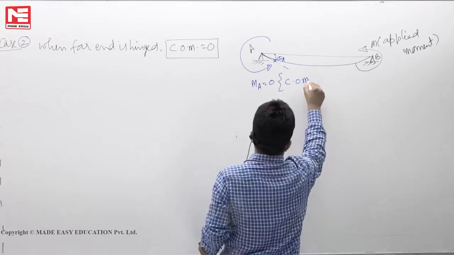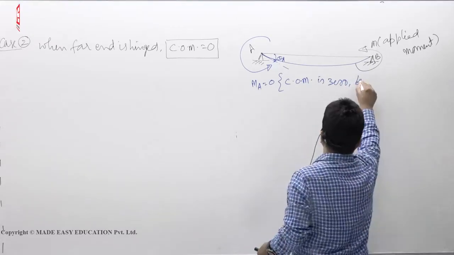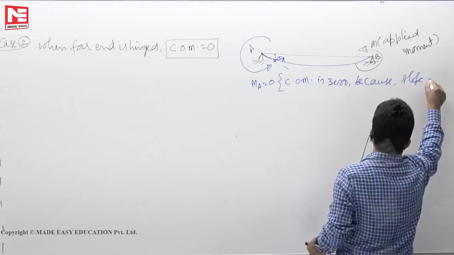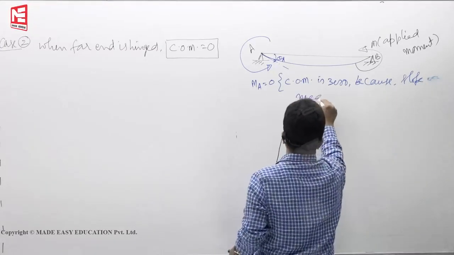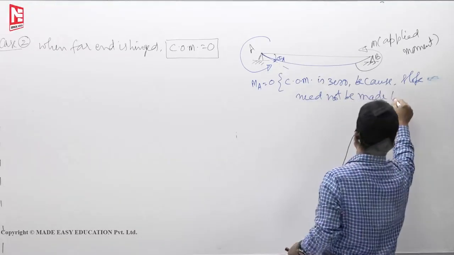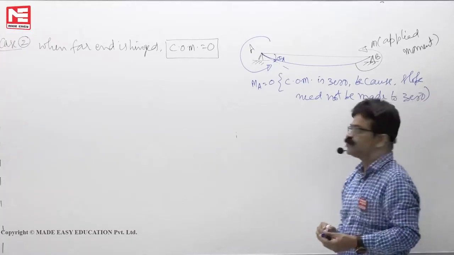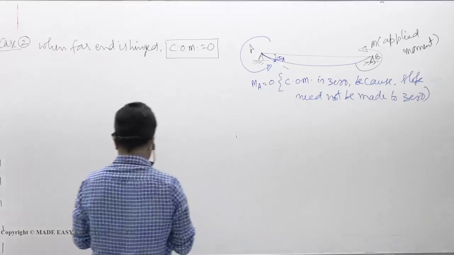That means the reaction, the carryover moment, is 0 because slope need not be made 0 by anyone. So that's all. That is the reaction. That is the carryover moment.